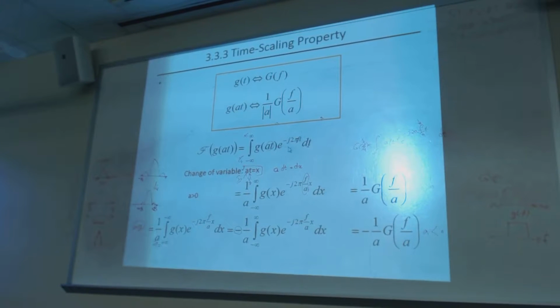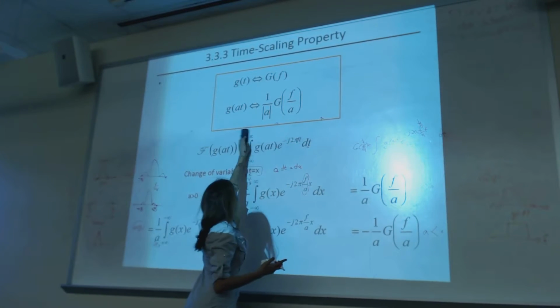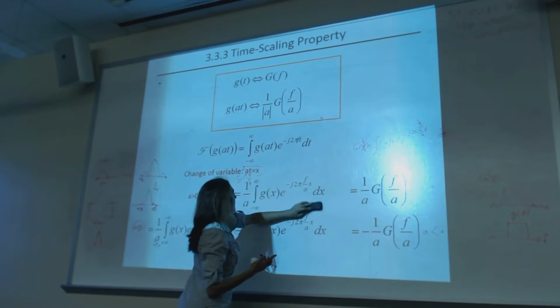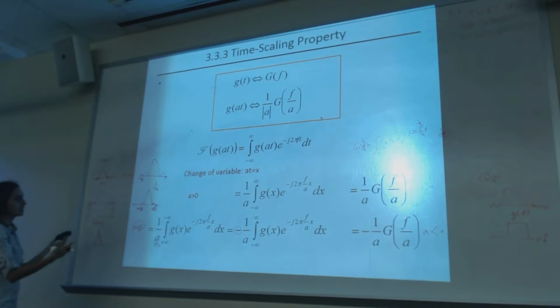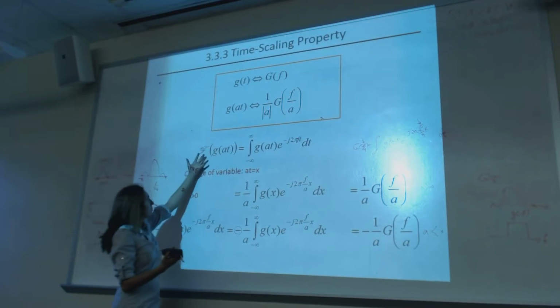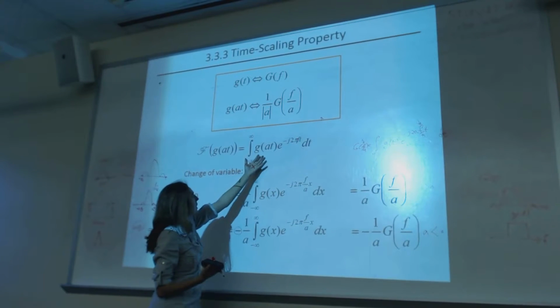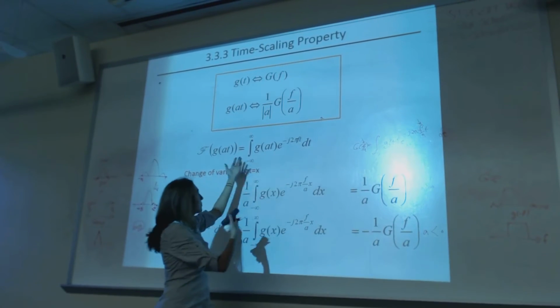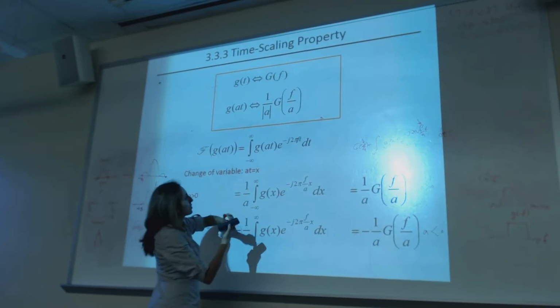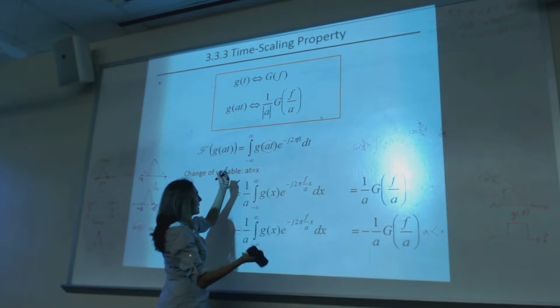Okay, so please go over this proof again yourself, all the steps. This is a very classical method of proving this kind of correspondence. You want to find the Fourier transform of a new signal compared to what is known. So you have to compare them and then just make them look the same.